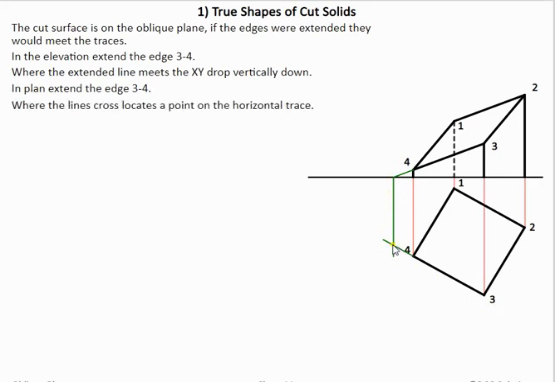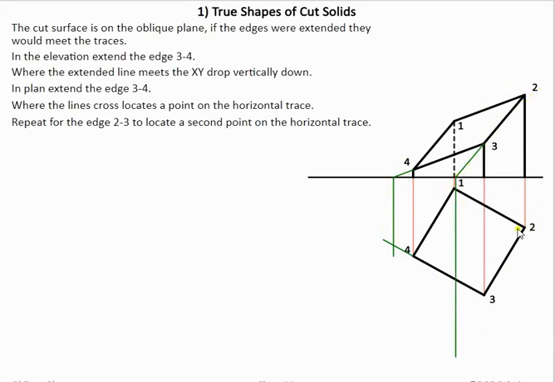That gives us a point here. Now we're going to do the same for one of the other edges. So we're taking edge 2, 3, bringing this down, then taking the edge 2, 3 in plan. This gives us a point. Now we've constructed 2 points on our horizontal trace.